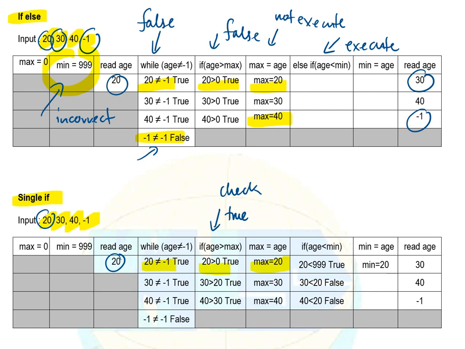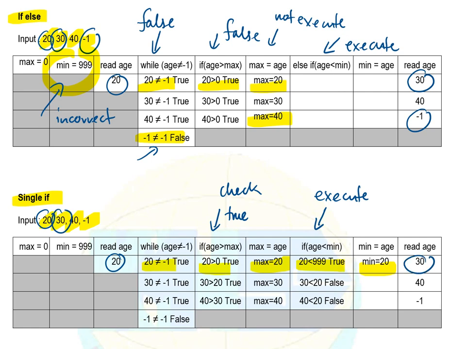Since this is single if statement, the program will execute this second single if statement. So if 20 is less than 999, so it is true and it will store the minimum value to 20. Next, you have to enter the second input, that is 30.